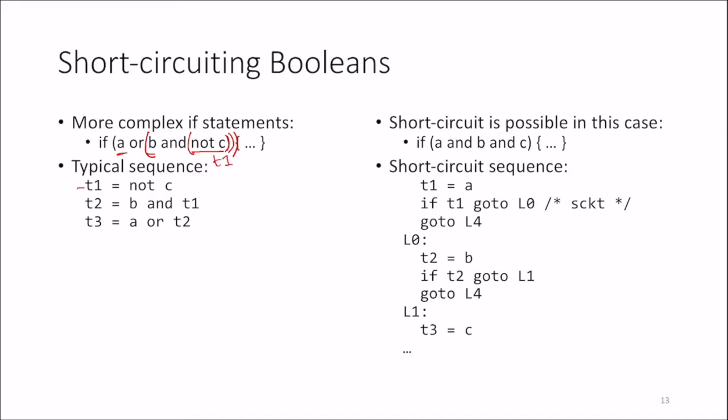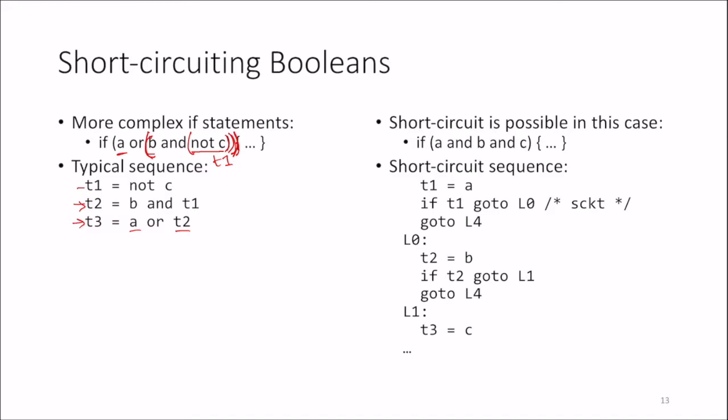And then it's B and T1, I store that value in T2. And then I do A or the result of this bracket, which is T2. So A or T2, and I store that in T3. And then I would evaluate the Boolean T3 and say, should I go to the if true basic block or the if false basic block?